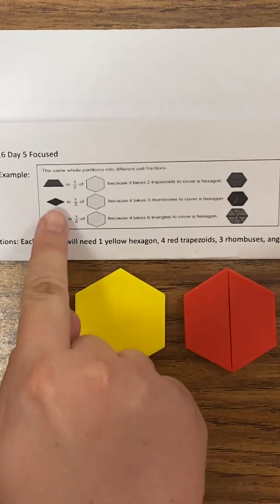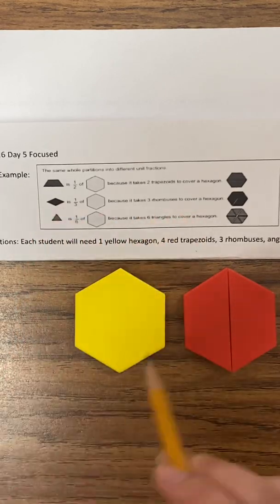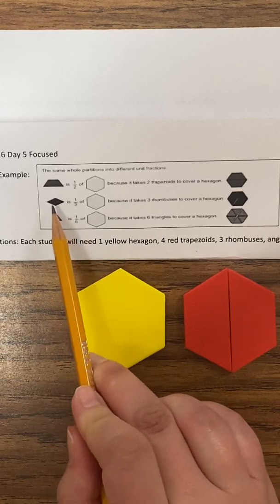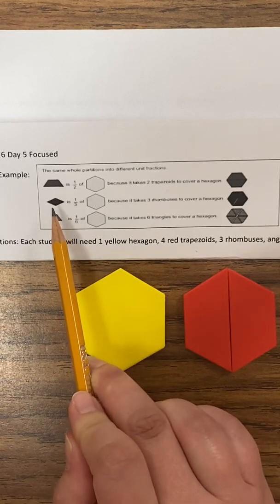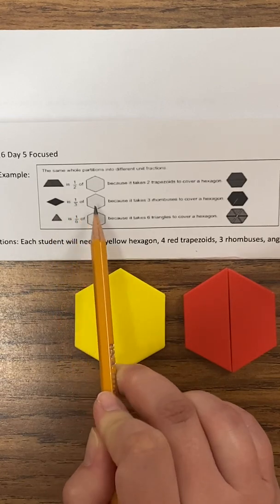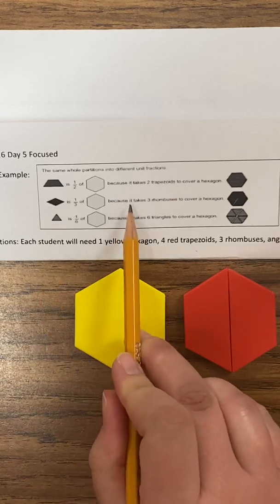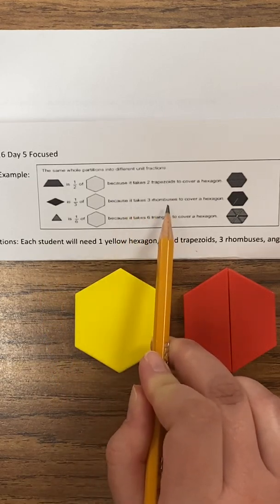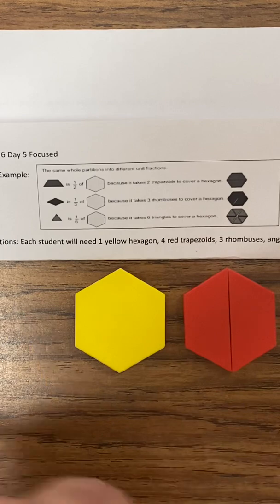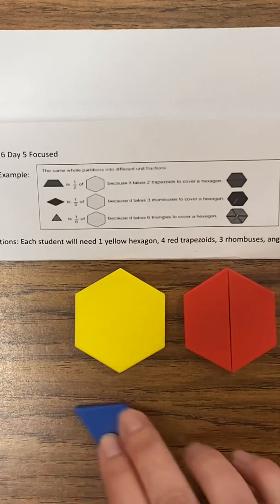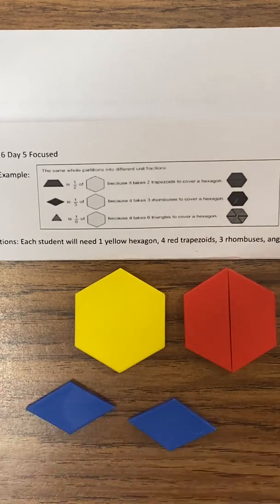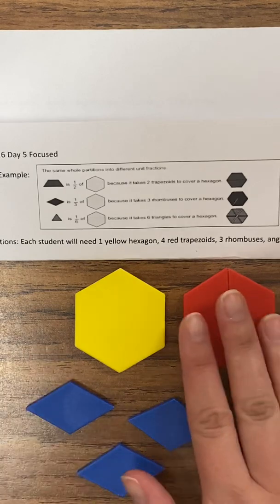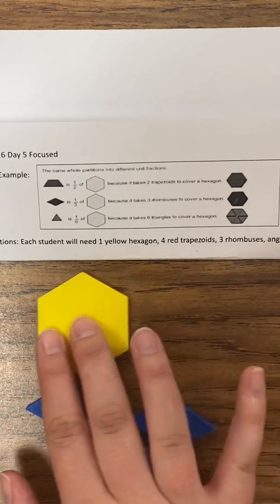Okay, so let's go to the second sentence right here. So we have a rhombus. A rhombus is 1/3 of a hexagon because it takes three rhombuses to cover a hexagon. So here are my rhombuses. Let me get to the side really quick. There we go.